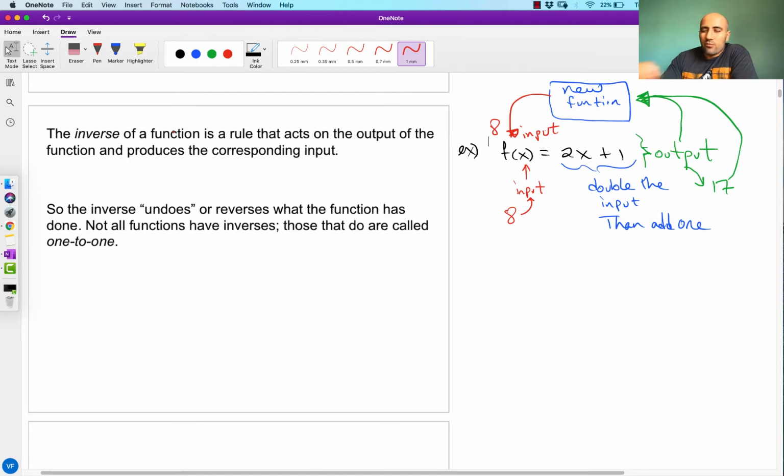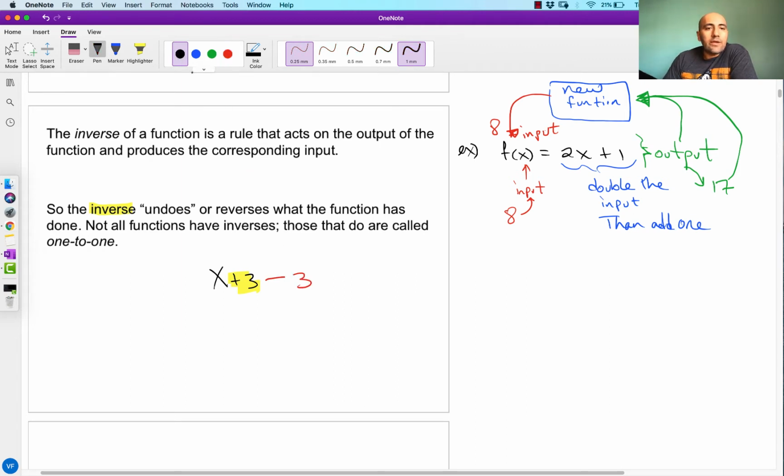That's what inverses are. We've run into this word inverse before in a slightly different context: operational inverses. For example, if we take some value x, doesn't matter what it is, and we add 3, then to undo this plus 3, we can subtract 3, right?